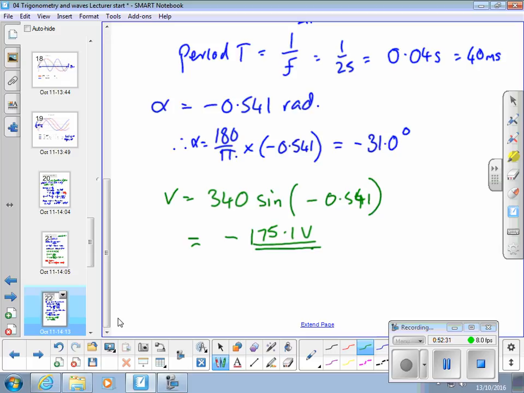Then it says find V. So that is B. C says find V when time is equal to 10 milliseconds.